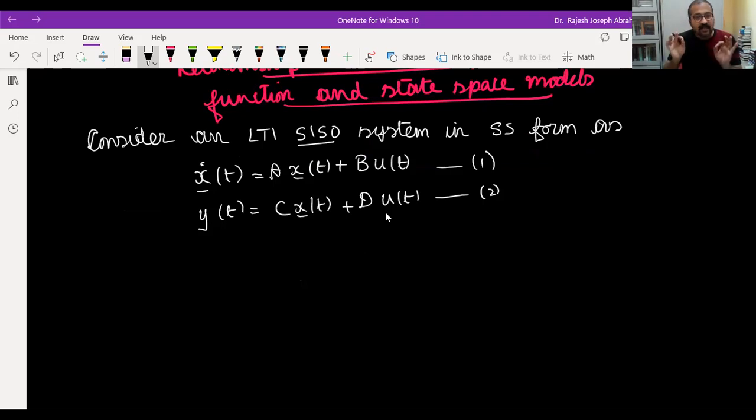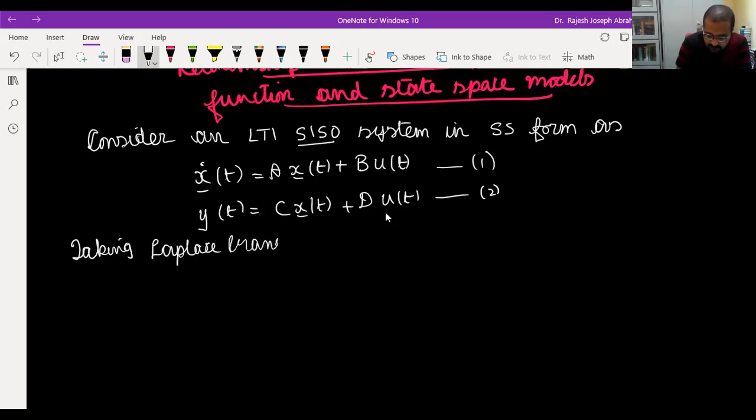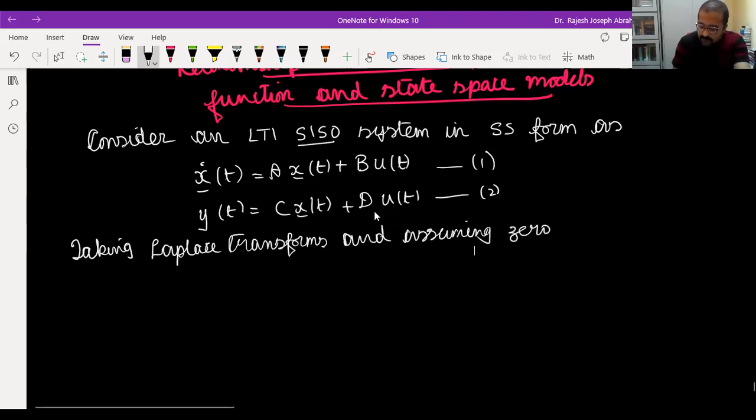We will take the Laplace transform of these two equations, assuming 0 initial conditions.